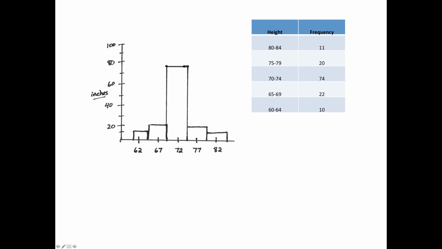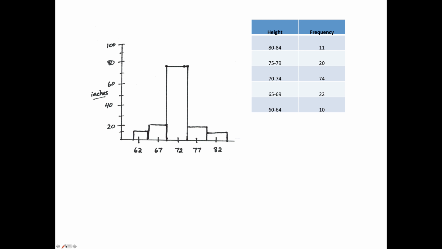And then the vertical scale is starting at 0. Then I just counted by 20s: 20, 40, 60, 80, 100. And then I put little slash marks for 10, then 20, 30, 40, 50, 60, 70, 80, 90, 100. And then this is a 10.